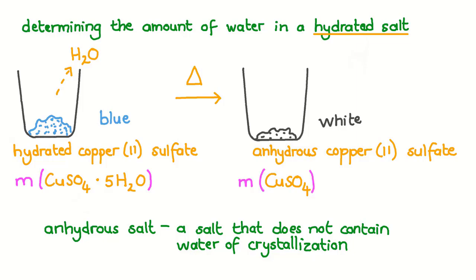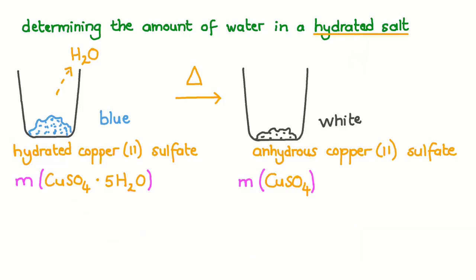The mass of this dehydrated salt can be determined by weighing. The mass of the anhydrous salt is smaller than the hydrated salt because of the loss of water. The mass of this water lost can be determined by the difference in the masses between the hydrated and dehydrated salts.